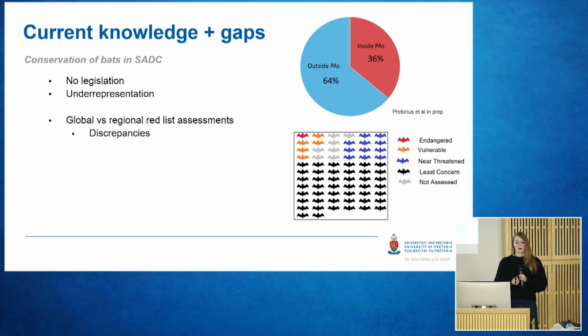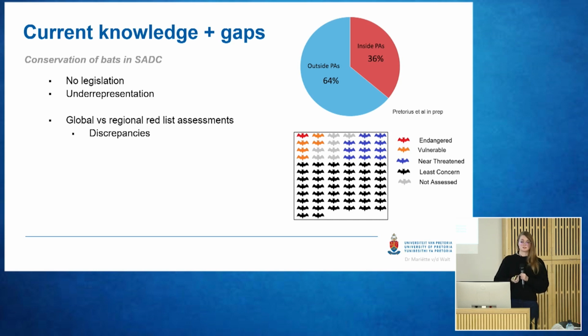Another problem that we have is that conservation is very reliant on your IUCN global or your regional red list classification, because that determines the amount of conservation effort allocated towards a species. But when we have discrepancies between your global and your regional red list assessments, that creates confusion, and people aren't sure: are these bats protected?